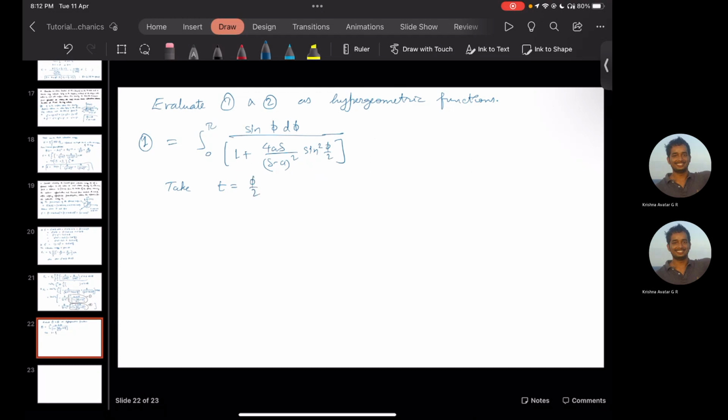This means that dt is equal to d phi by 2, or likewise d phi is equal to 2 dt. And at phi equal to 0, t is equal to 0; at phi equal to pi, t is equal to pi by 2.